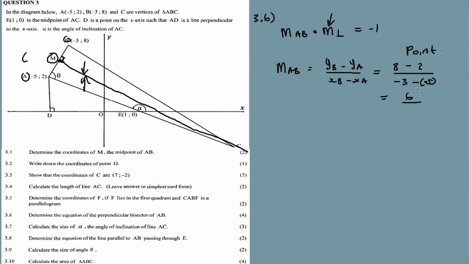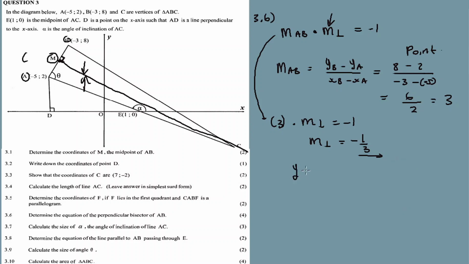Then -3 minus -5 is plus 5, so you get 2 at the bottom. 6 divided by 2 gives us 3. Therefore we substitute 3 here: m perpendicular is equal to -1 over 3. The gradient for the perpendicular line is -1 over 3.